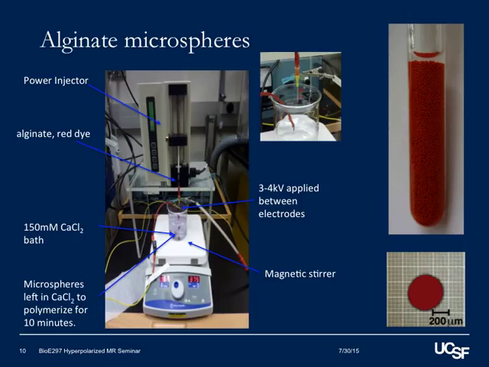Then you let it go drop by drop into your calcium chloride bath, and you can make the beads. The potential difference between the two and the rate of the power injector decides the size of your beads. We try to keep the size of our beads anywhere from 300 to 400 microns.